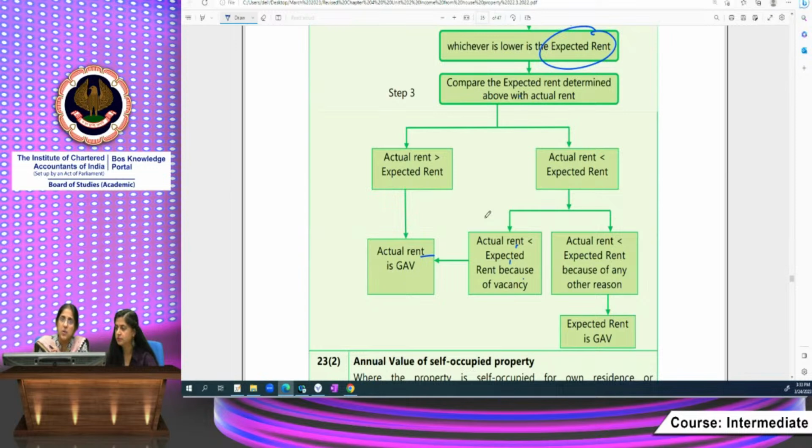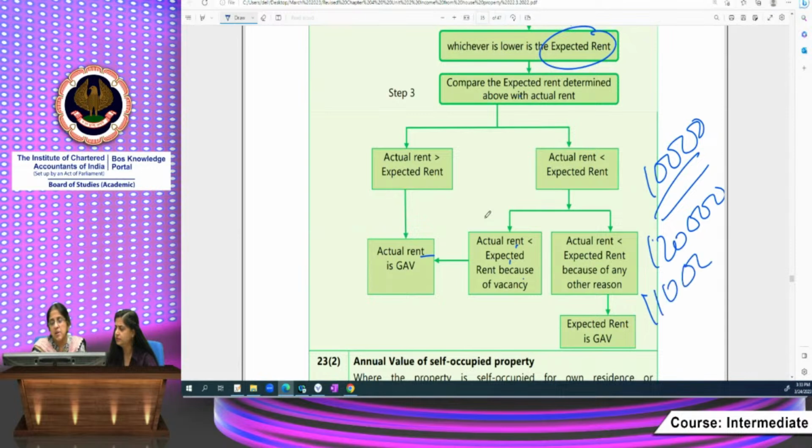Suppose you've let out the house at 10,000 rupees per month. Your annual rent is 1,20,000. Now your 1,10,000 is your expected rent, whatever you calculate.